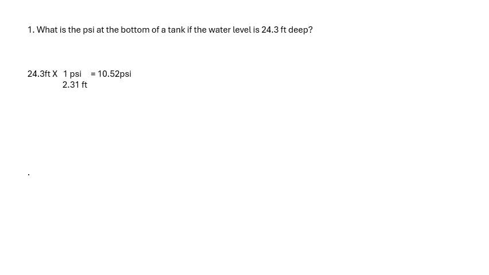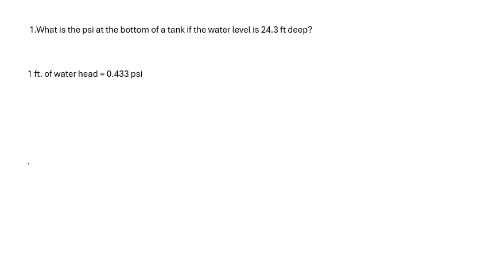24.3 divided by 2.31, feet cancel out. You're left with 10.52 PSI, because that's the answer we're looking for. So the other conversion you can use to solve this problem is 1 foot of water head is equal to 0.433 PSI. And again, remember what we want to cancel out has to be on the bottom, and it will determine again whether you're dividing or multiplying.